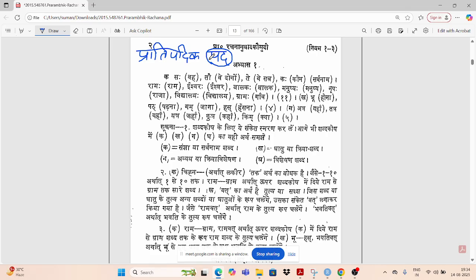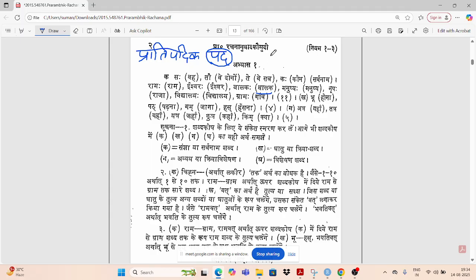For example, we can take a very simple word. The word is Balaka. Now most of these things are written in Hindi, but we will certainly look at some of these things also from an English perspective.